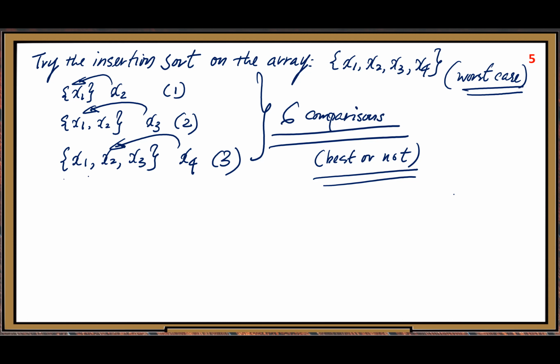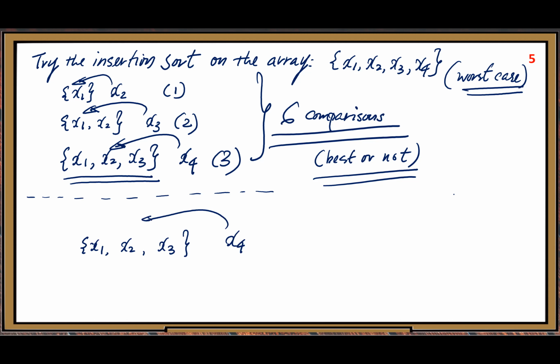Let's look at the last step. Let's look at our work here. X1, X2, X3. Now we want to make X4 find some appropriate location in this array. It's a sorted array.